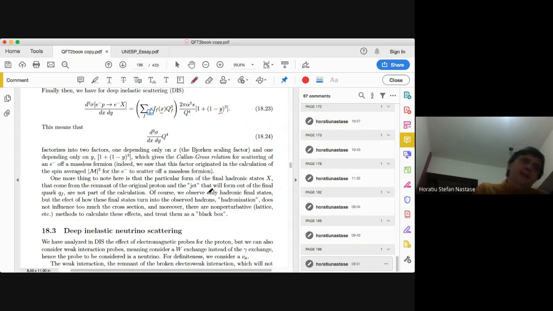The vacuum states must be hadrons. These were by definition the vacuum states of QCD.